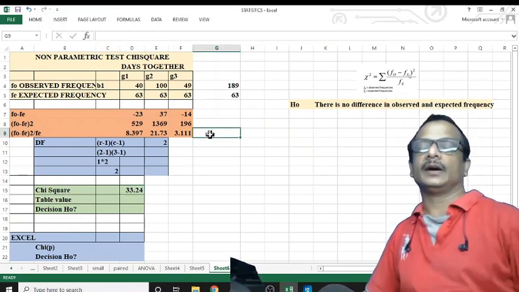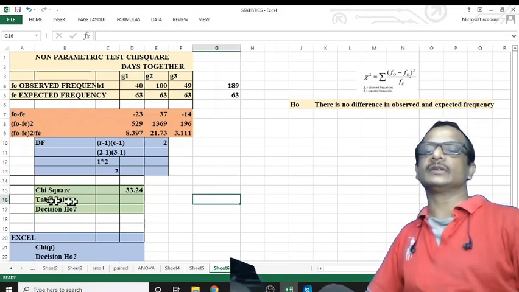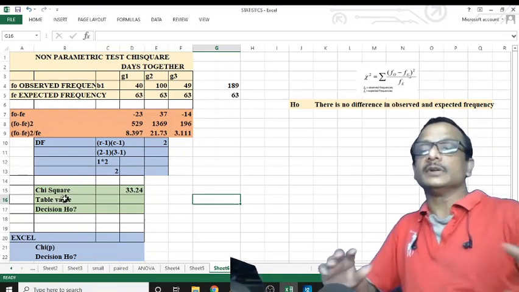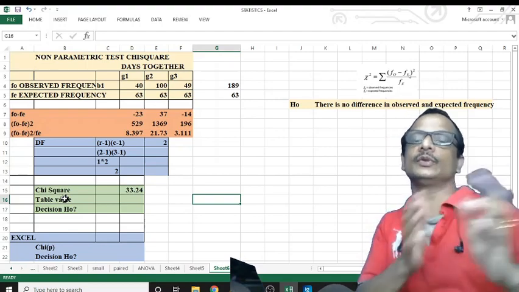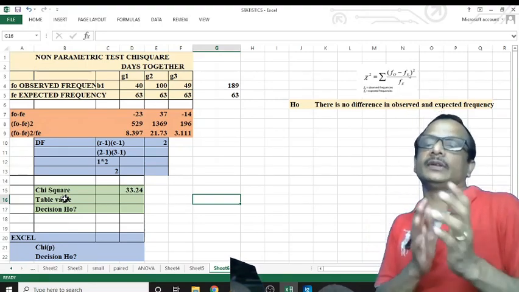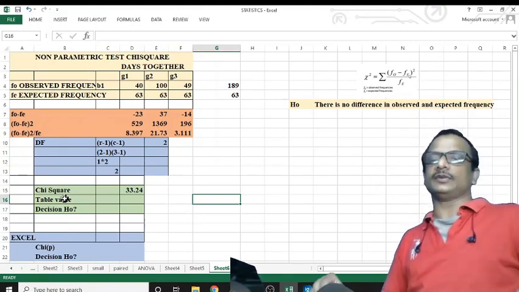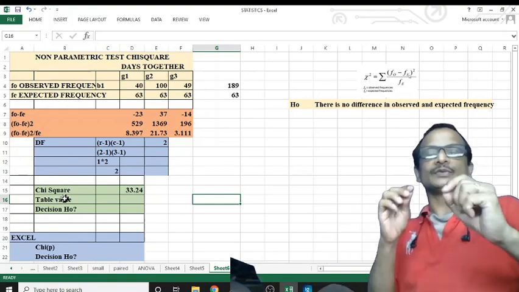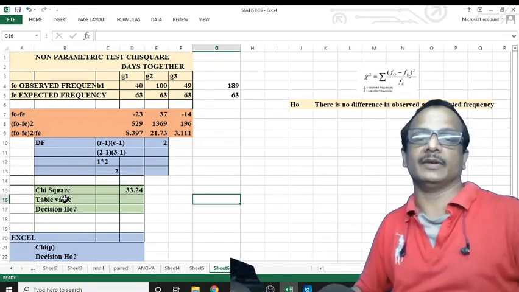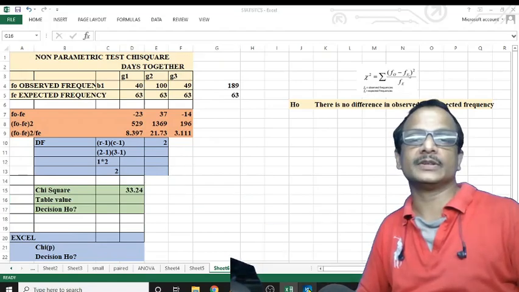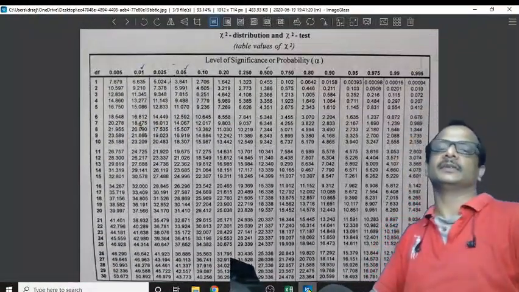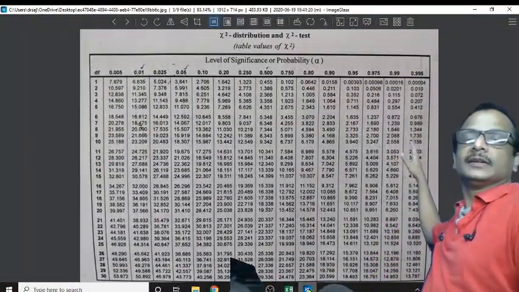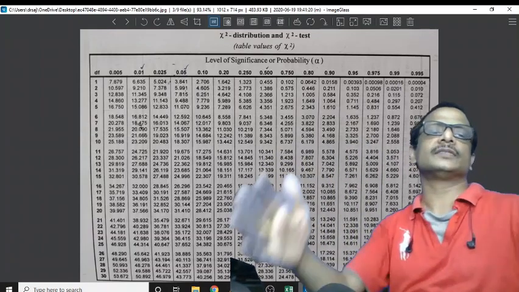Now we have to find the table value of chi-square in order to determine whether this value is significant or not. We can open the table, and in this table there are so many numbers. How to read this table?